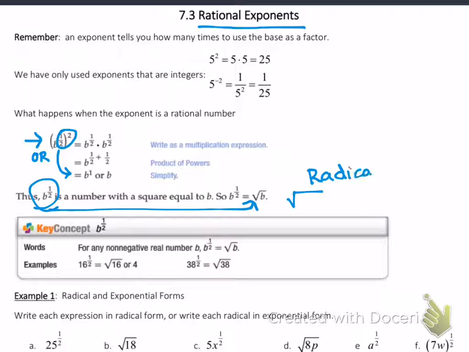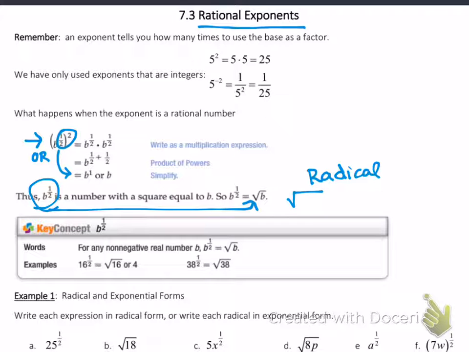So you will be seeing that a little bit more as we finish off this school year. So b raised to the 1/2 is the same thing as the square root of b. That's the first key concept that we're going to be focusing on today. B raised to the 1/2 is the same thing as square root of b.